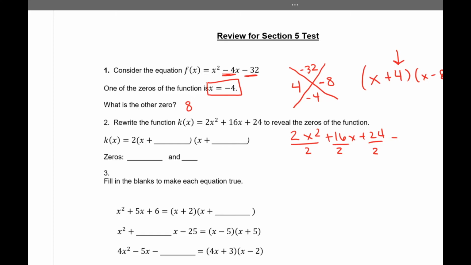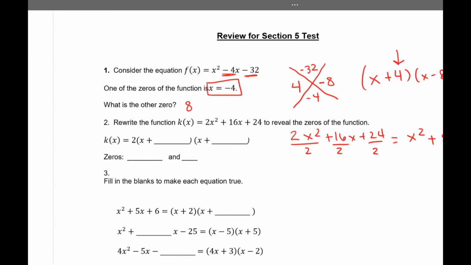So that gives you x squared, because 2x squared divided by 2 is x squared. 16 divided by 2 is 8. Don't forget the x. And then the 24 divided by 2 is just going to be your 12.